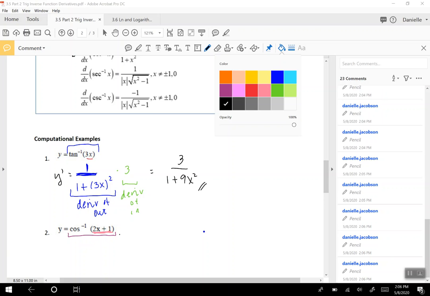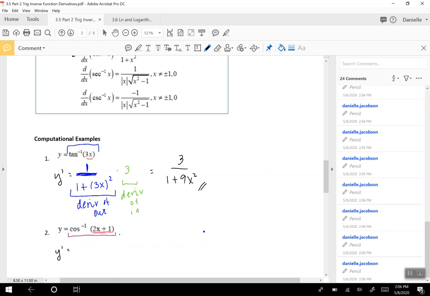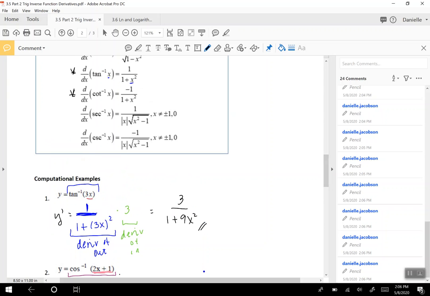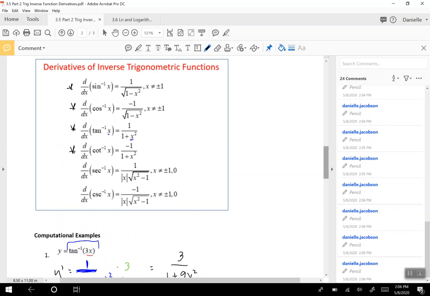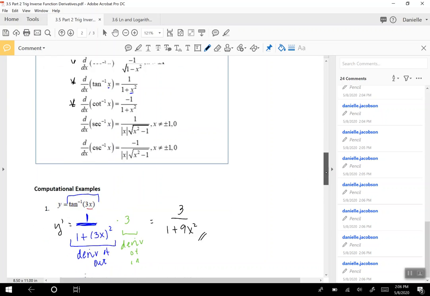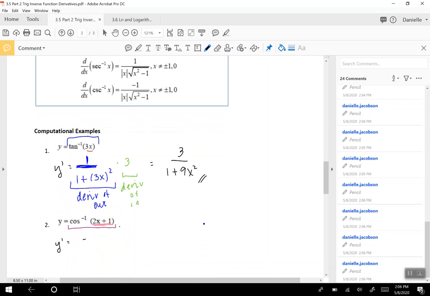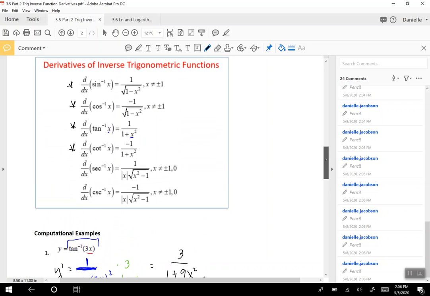Okay, so I have y prime is equivalent to, if I want to hold this form, I'm going to scroll back up here. Look at my cosine inverse function. For cosine inverse, I have -1. So I'm going to write a -1 up top over, have to hold the same form as the denominator.